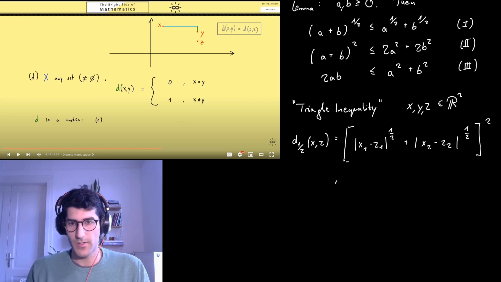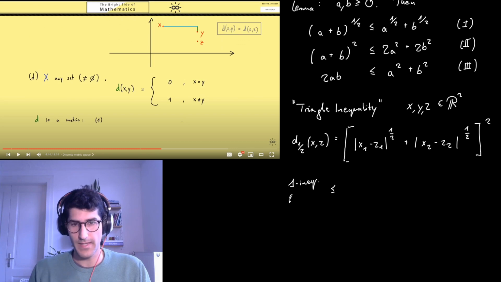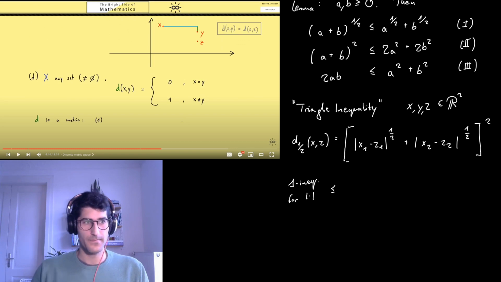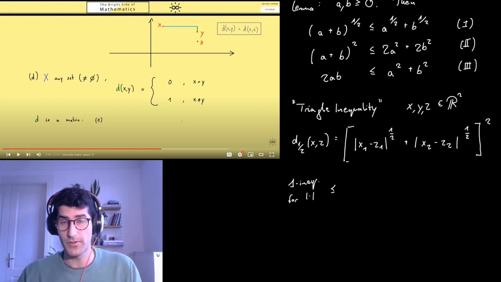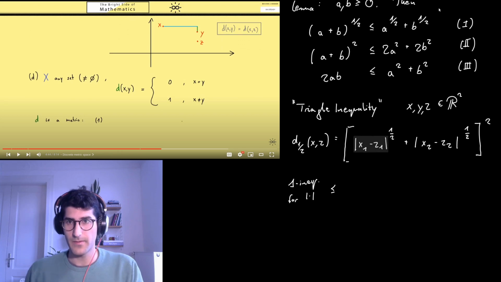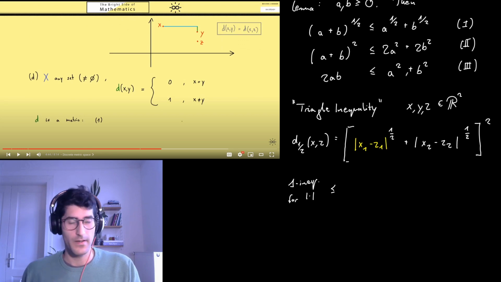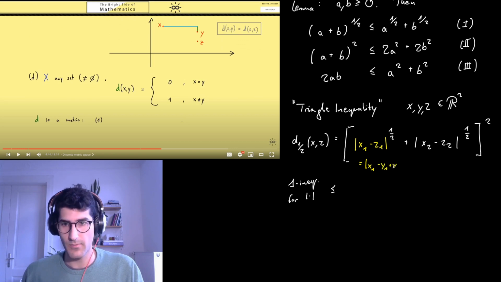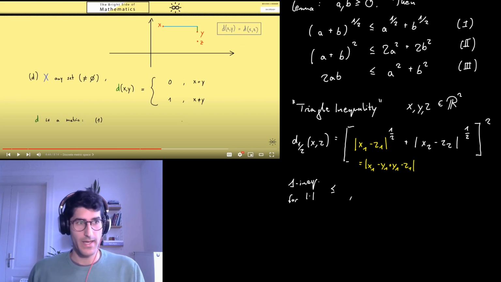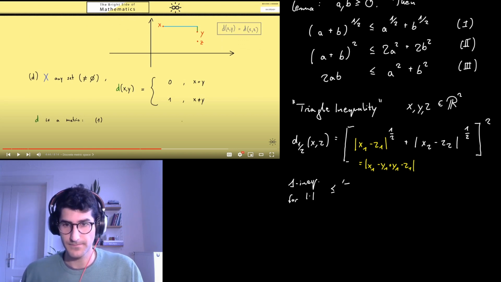So the first thing that we're going to use again is the triangle inequality for the absolute value. And how are we going to use this? We have an absolute difference of absolute values here, and we can write this as x1 minus y1 plus y1 minus z1, just like we did in the prior proof, and then use this inequality.